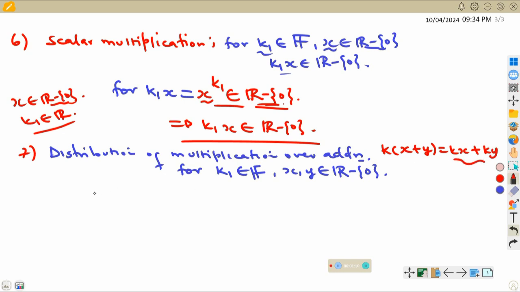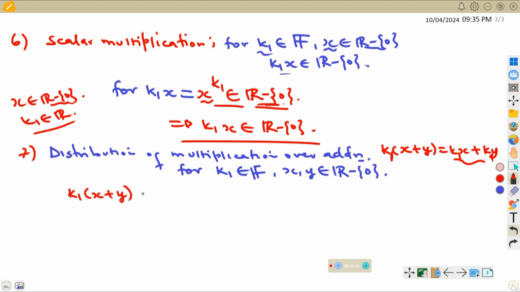So let us look at that. For this case, we are using k1, so let us maintain k1. We need to show that k1 into x plus y is the same as k1 of x plus k1 of y. So let us look at k1 of x plus y.